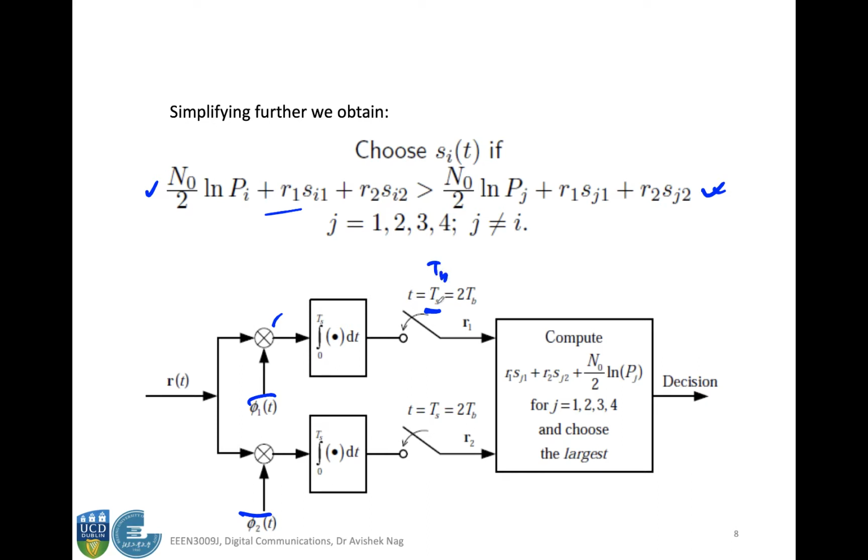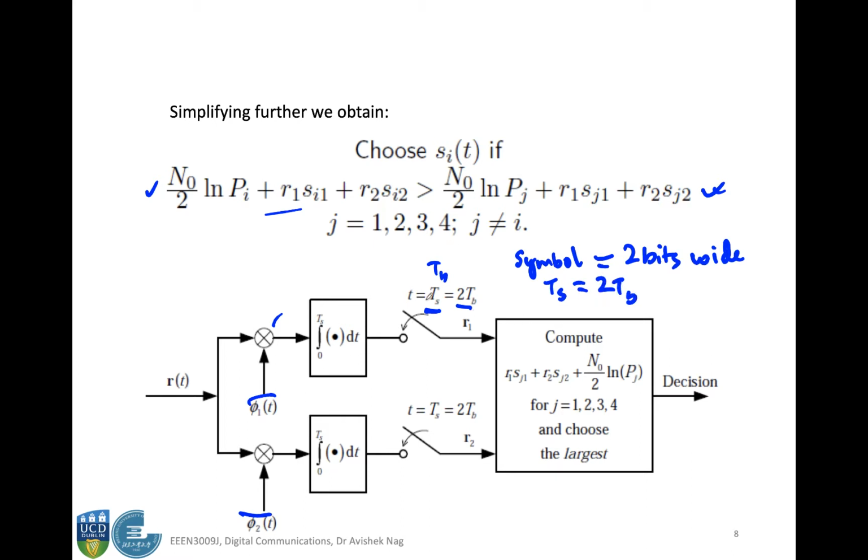Here you are sampling every Ts seconds, which is equal to twice Tb, because you are sending a symbol which is 2 bits wide. So your Ts, which is the symbol time, is equal to twice Tb, the bit time.